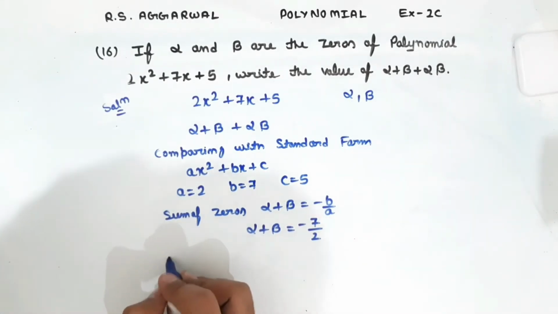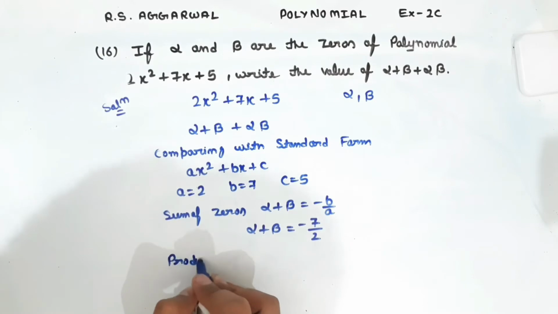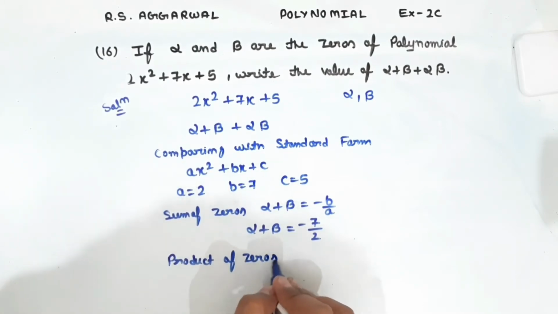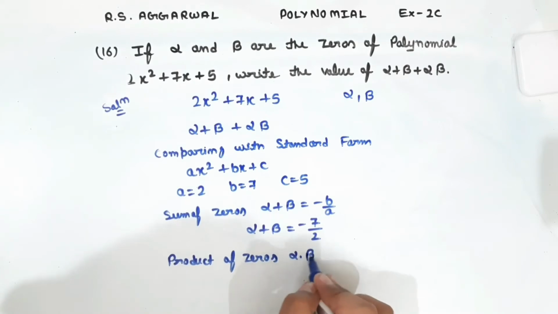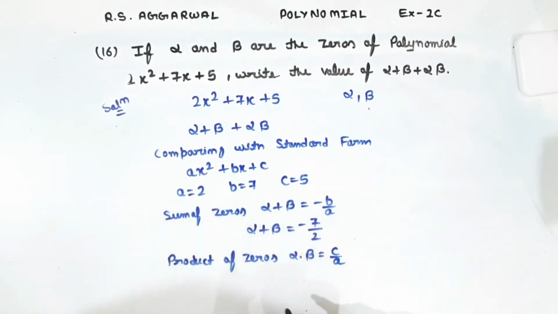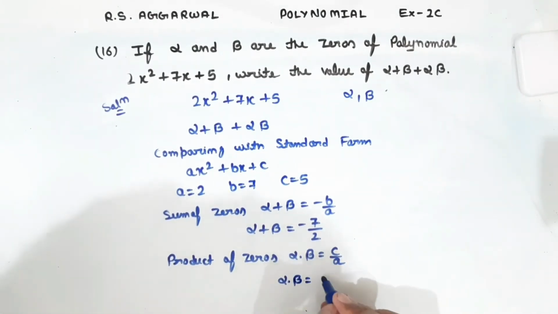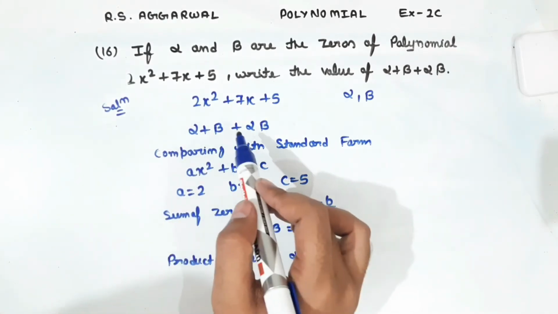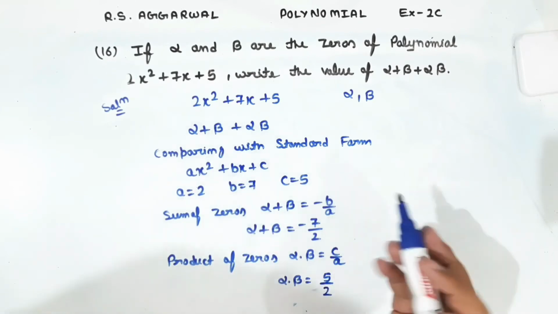Now the product of zeros will be alpha into beta, that will be equal to c upon a. So alpha into beta will be c is 5 and a is 2. So now we have to find the value of alpha plus beta plus alpha beta.